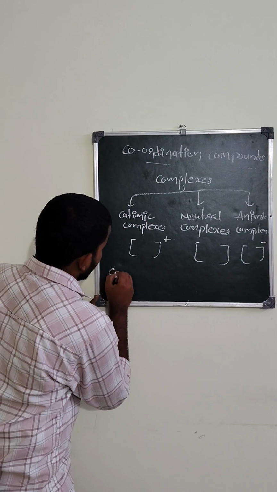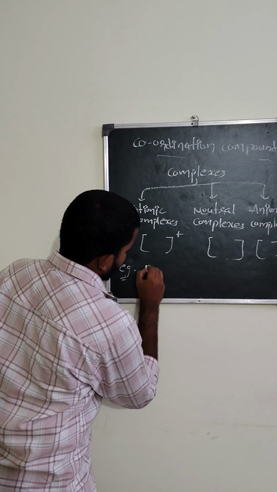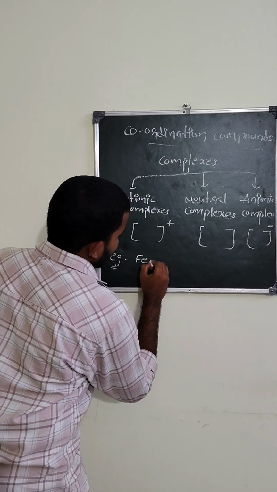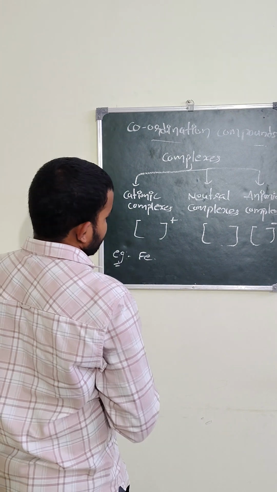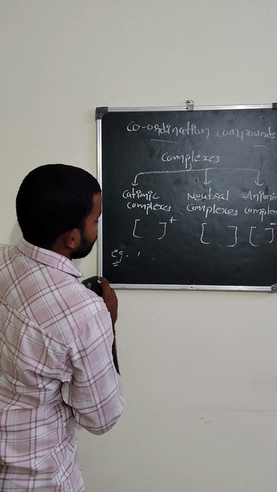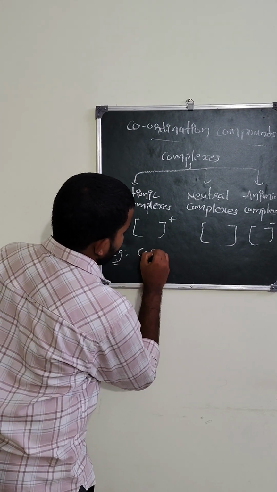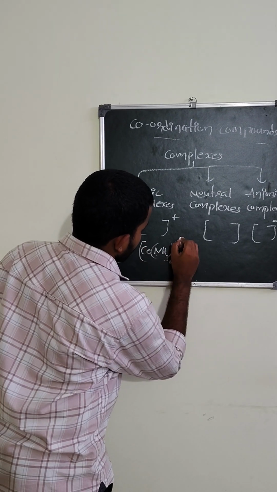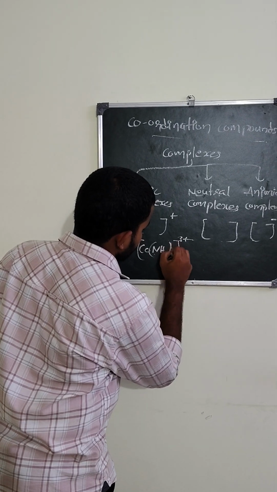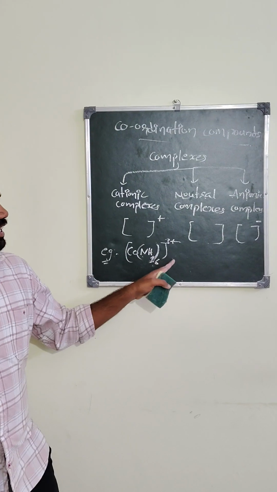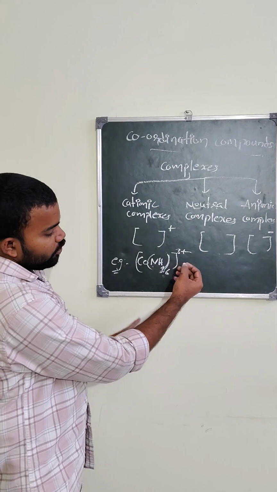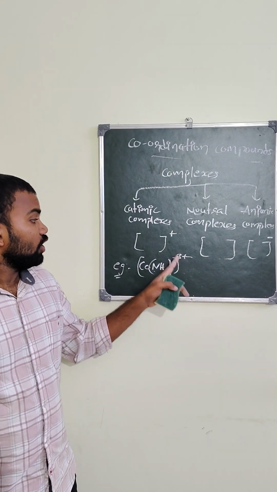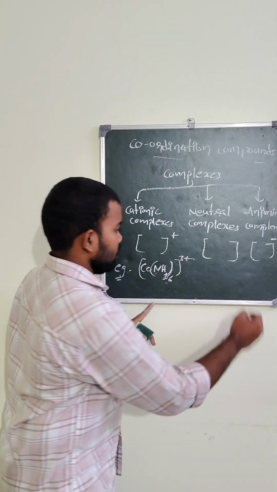So for example, if I take [Co(NH3)6] 3+. If you observe here, positive charge 3+ is present on the coordination sphere, so it is called a cationic complex.